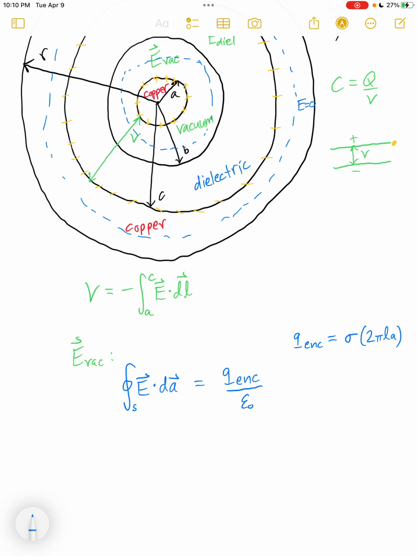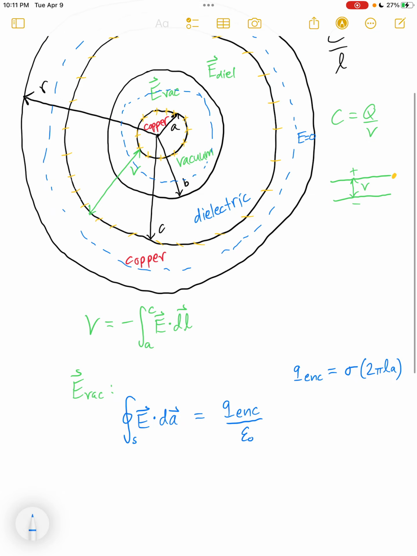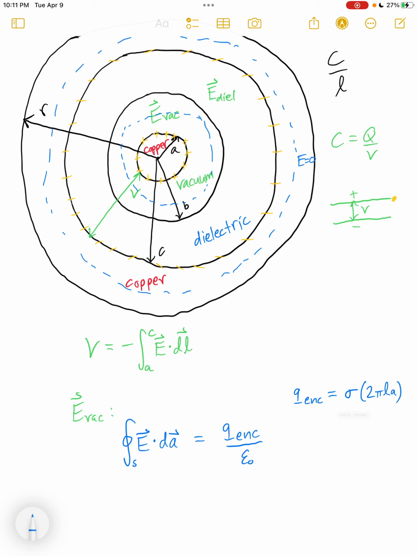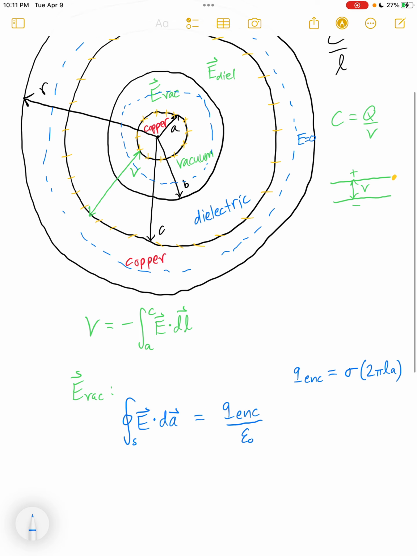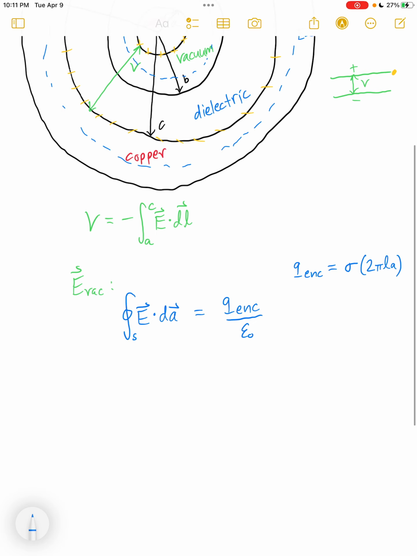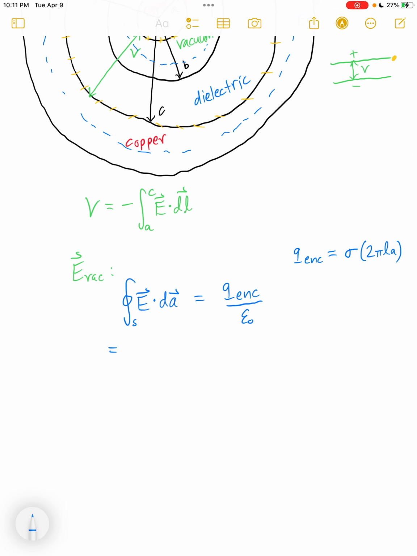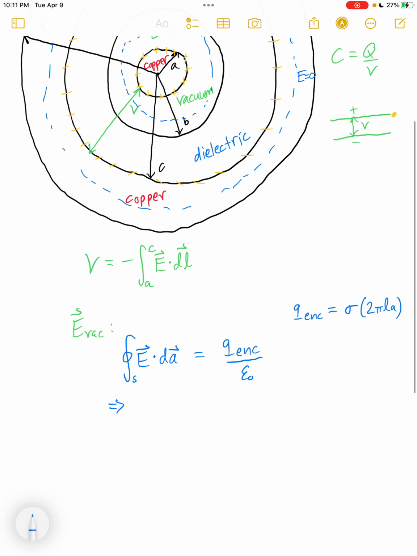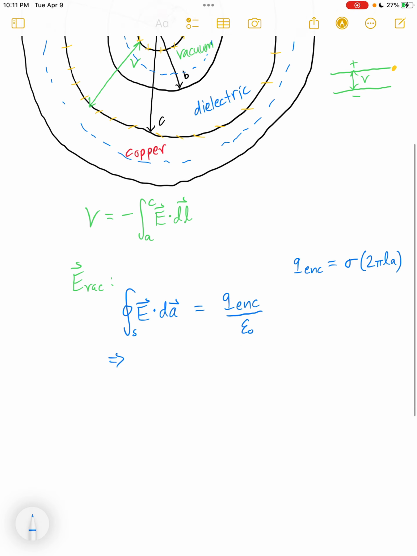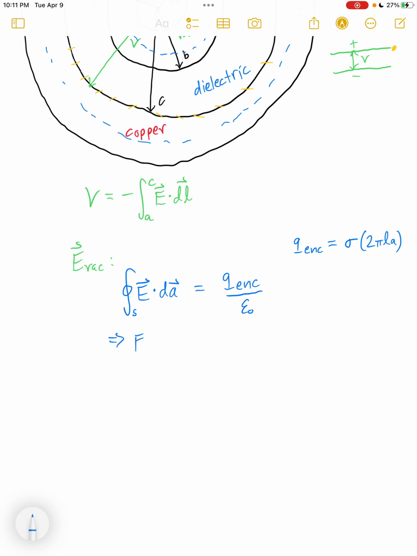which is 2 pi L A. We're saying that the copper wire and the copper tube, in fact the whole cable, has length L. That's where I got the L from. Okay. So, simplifying this equation, you can write that E times 2 pi L S is equal to our Q enclosed, which is sigma times 2 pi L A over epsilon naught.